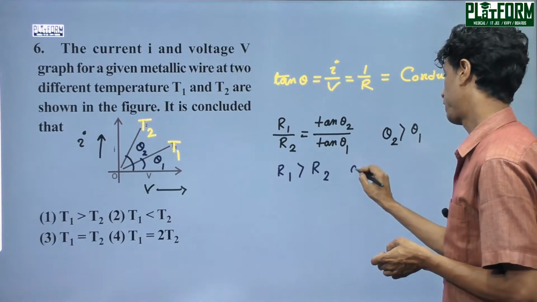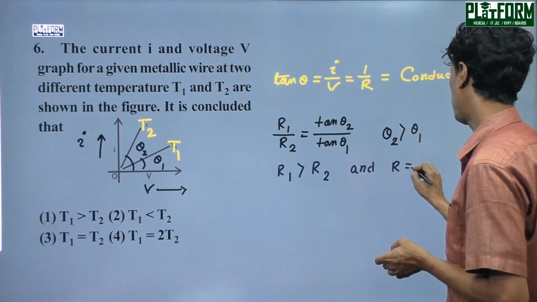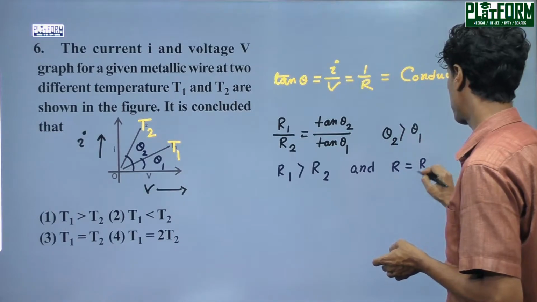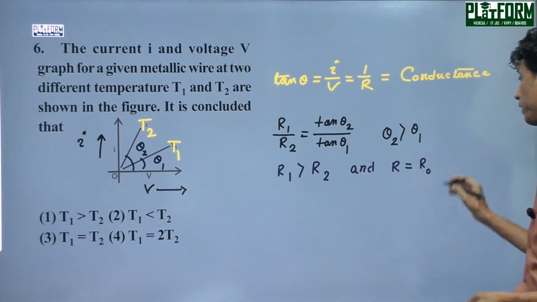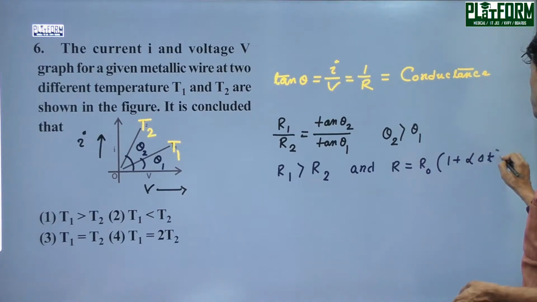And temperature variation: R naught, the resistance of a conductor at 0 degree centigrade, into 1 plus alpha del T, that is the change in temperature.